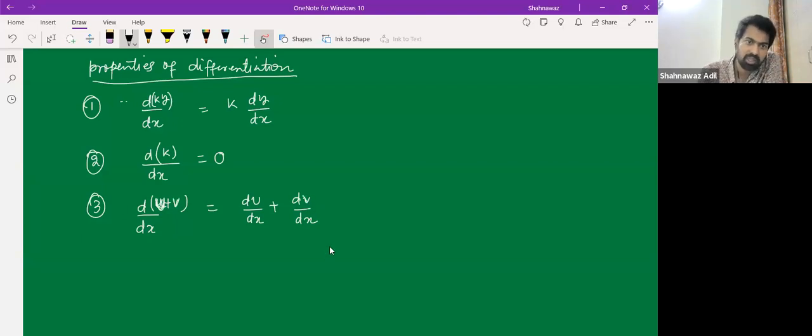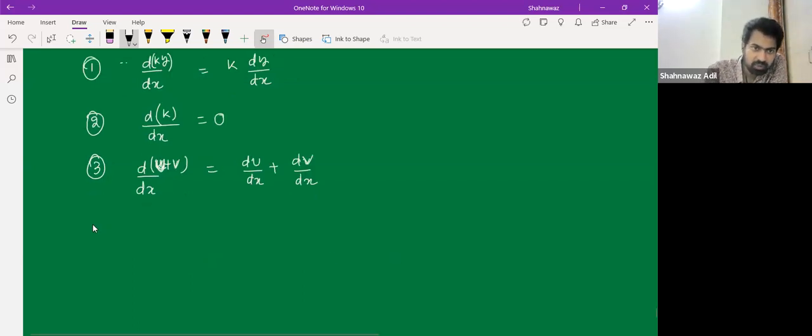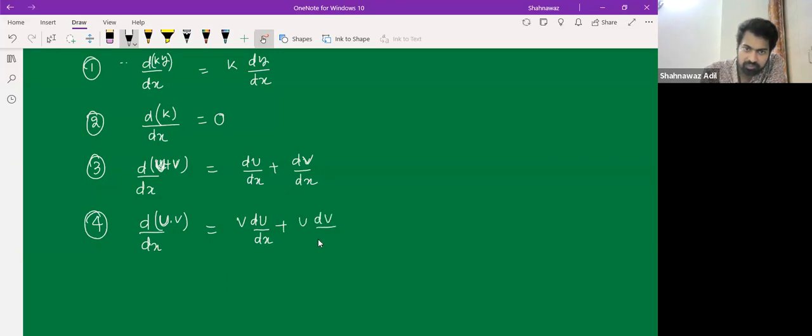So this would be the third property, right, guys? Yes, sir. And in the fourth property, we learned that if I take the multiplication of two functions, then I have to take first v outside and differentiation of u, and then take u outside and differentiation of v.